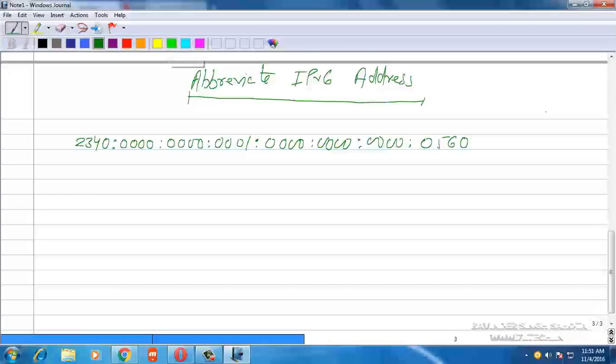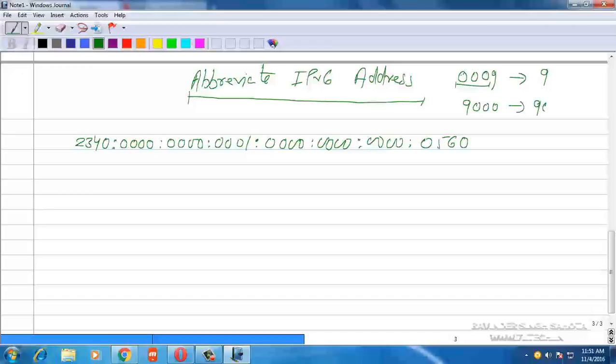First of all, you know that leading zeros are meaningless, right? Like in decimal, if you have a number 0009, this can be written as simply 9, because the leading zeros have no value, right? But if you have 9000, this cannot be abbreviated.